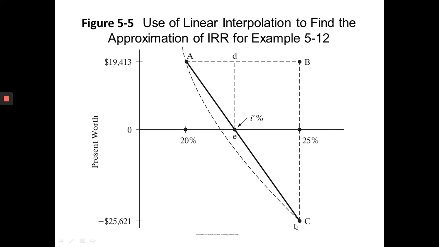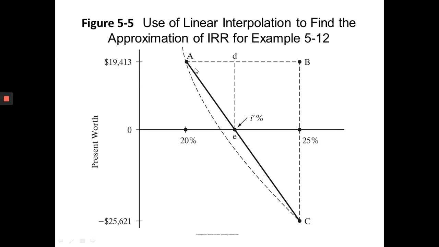And the value corresponding to 25% is a negative $25,621. Now we draw a triangle here, this triangle ABC. This larger triangle is similar to triangle ADE here. From the similarity of triangles, ABC and ADE are similar in terms of their angles, and therefore we can use ratio analysis.